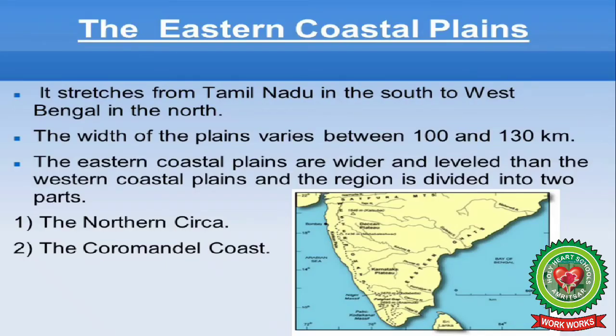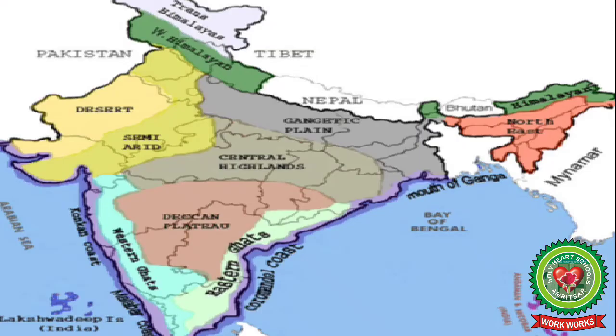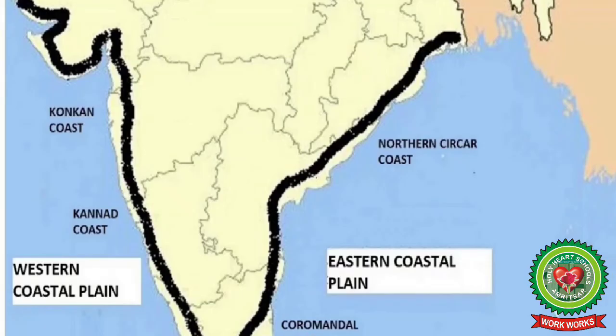Students, the meaning of this paragraph is that the Eastern Coastal Plain lies between the Eastern Ghats and the Bay of Bengal. It extends from West Bengal in the north to Tamil Nadu in the south. The Western Coastal Plain is divided into three parts, but the Eastern Coastal Plain is divided into two parts, the Northern Sircars and the Coromandel coast.